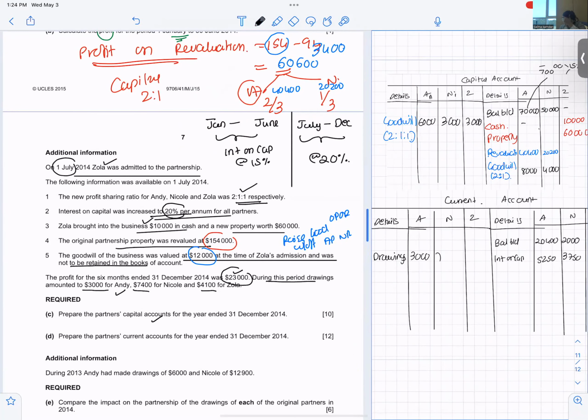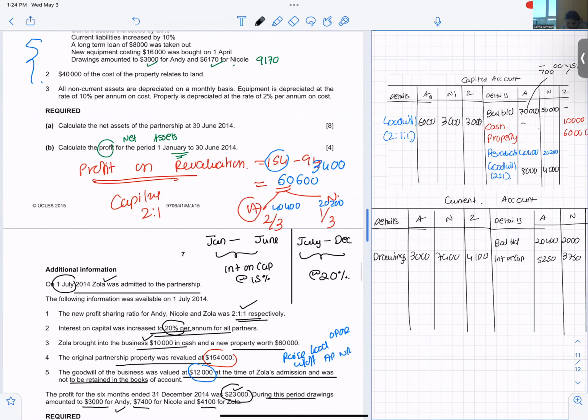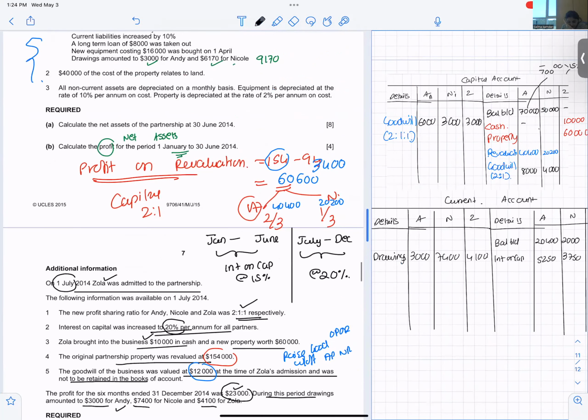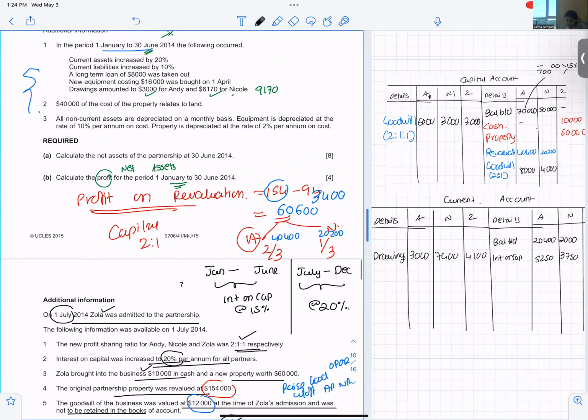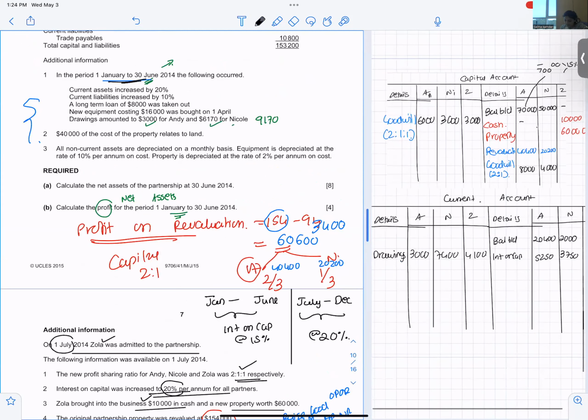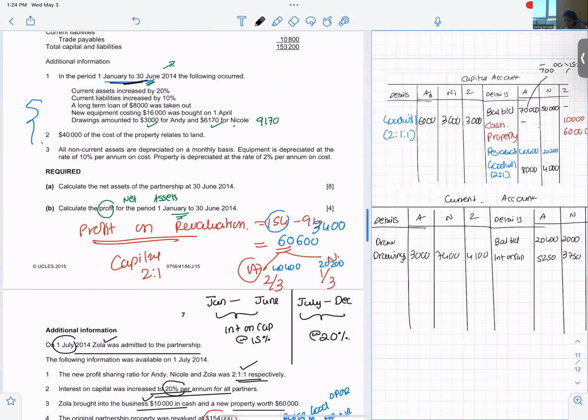I remember there was an old drawings also of Andy and Nicole from Jan to June, and this is from July to December. So from Jan to June it was 3,000 and 6,170.